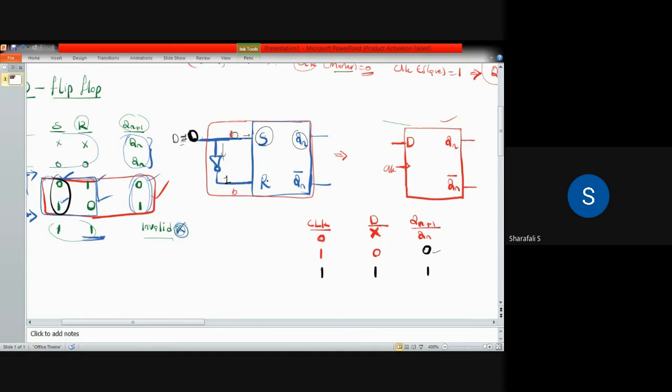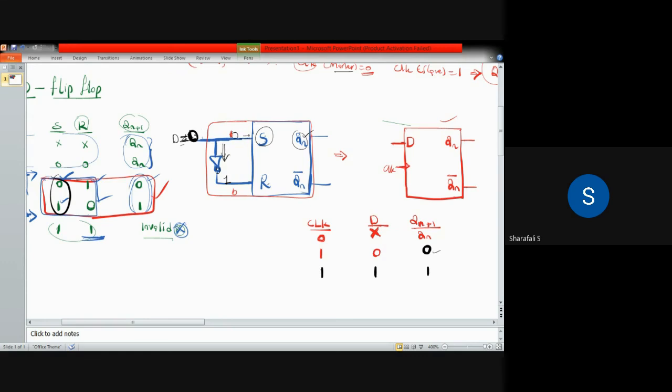Resetting means it will assign the output, or the Qn value, as 0 when your R equal to 1. That is corresponding to reset condition. So when your D equal to 0, S is equal to 0, and this is complemented here with this NOT gate. So R is equal to 1, which is reset. Reset means your output will become 0.